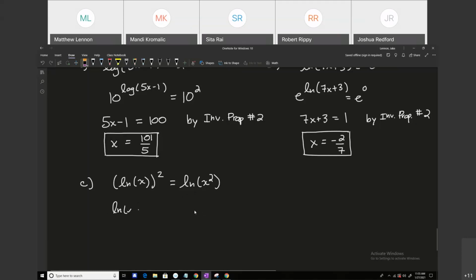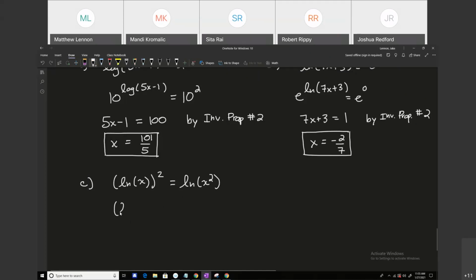So in order to solve this one, one of the main things this is highlighting is that we can only use property 3 on one of the two. We can only use property number 3 where we bring the exponent to the outside on the right-hand side of this equation. It does not apply to the left-hand side.